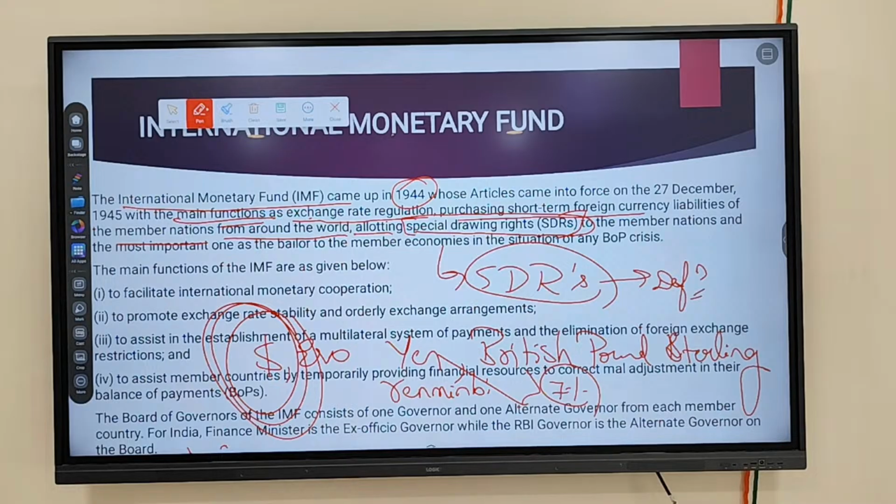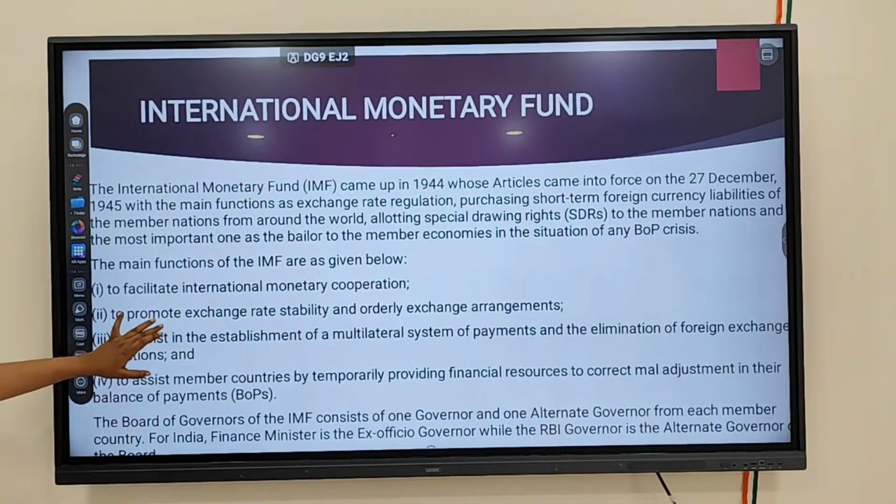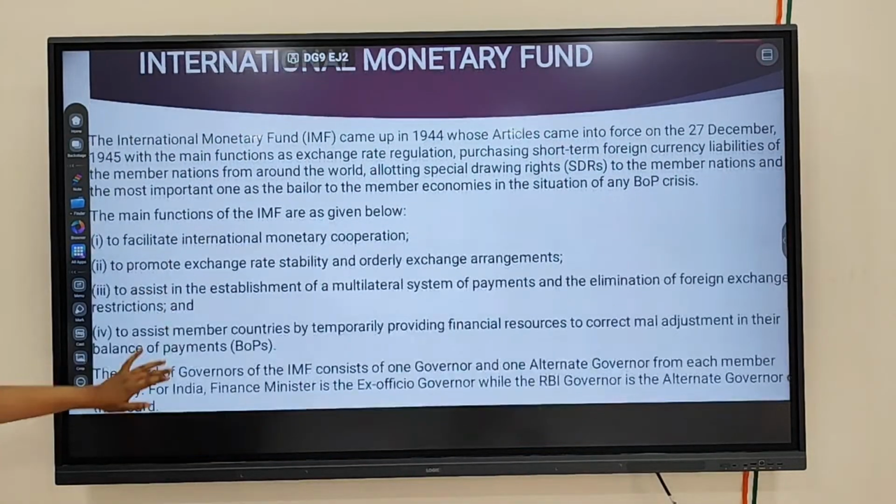Out of 100 percent, India has 2.75 percent of SDR quota, and 2.63 percent of votes in the IMF. Votes in IMF.